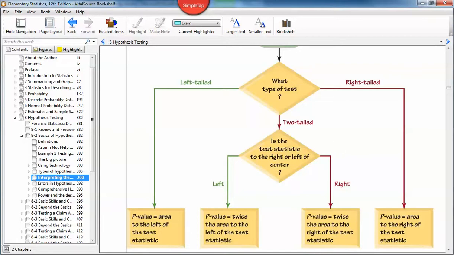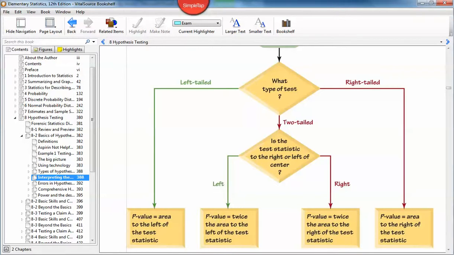So, positive test statistics are to the right, negative test statistics are to the left of the center. Alright, and so the way you find the p-value is if it's to the left or to the right, which it really doesn't matter as long as you can figure out the correct area.